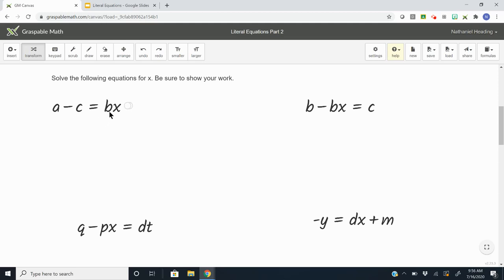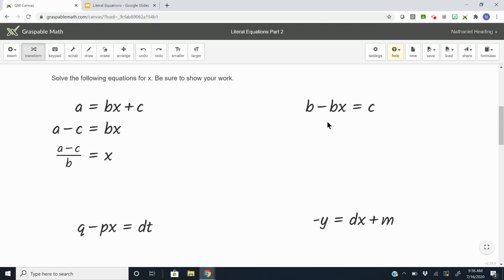Next, I want to get rid of this B. So it's B times X. So to undo times B, I'm going to divide by B. And I've solved. Let me show my steps. I've divided by B, and I'm done. That's it. A minus C over B equals X.